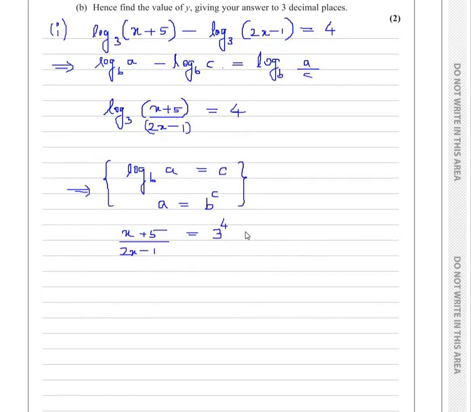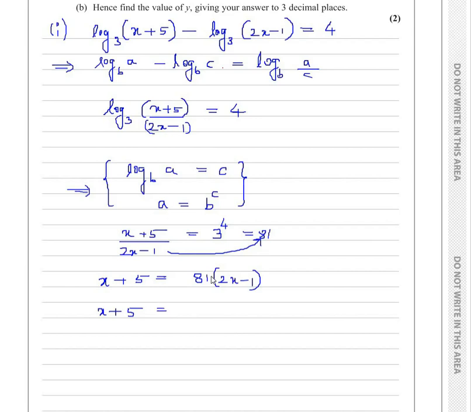Now 3 to the power of 4 is 81. Now the equation can be again rearranged as x plus 5 equals 81 multiplied with 2x minus 1, since the denominator goes over here. So let us simplify this equation further.